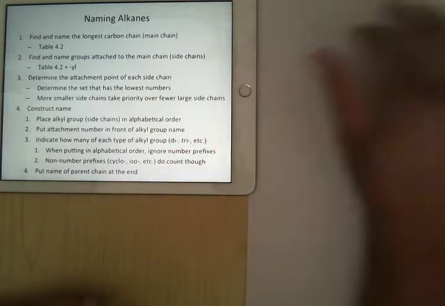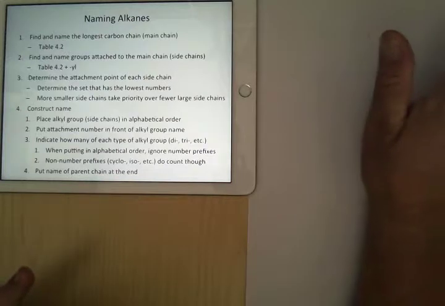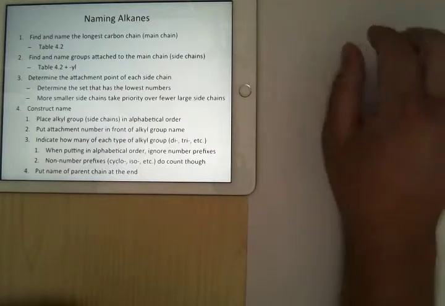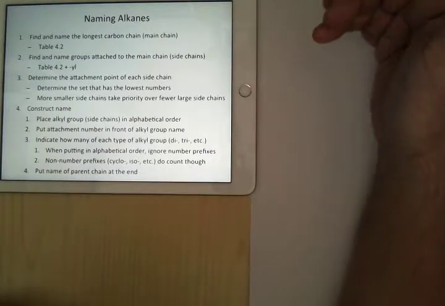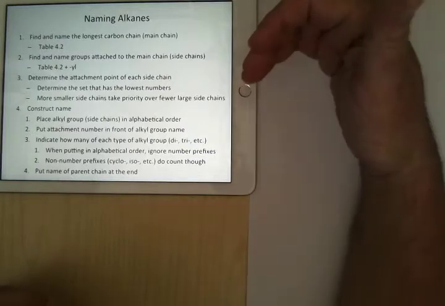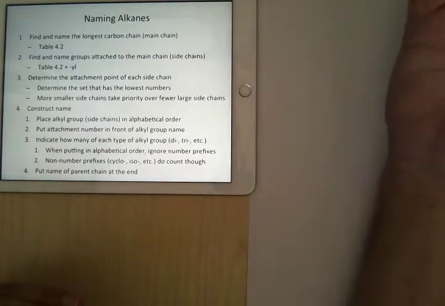Once you've named those side chains, you'll usually see me circle them, because that means we've named those atoms. But we can't just use methane or ethane for a side chain, because it would get confused with the main chain names.